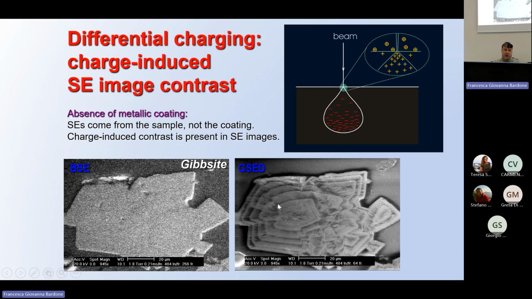Electrons with very low energy show you that this gibbsite crystal grew in different steps, and you see the different steps of growth of the crystal using this type of signal, because they come from a different region, a different spatial source with respect to the mineral.